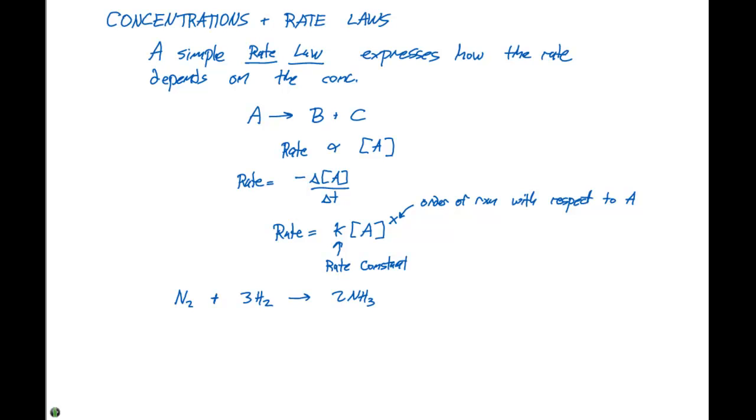If we wanted to write the rate law, we can say the rate is going to be equal to k, which is the rate constant, times the concentration of the reactants, in this case nitrogen to the x power and hydrogen to the y power. This would be our template for our rate law.